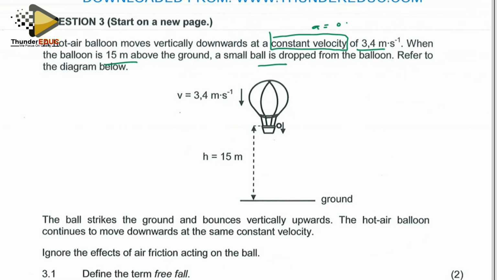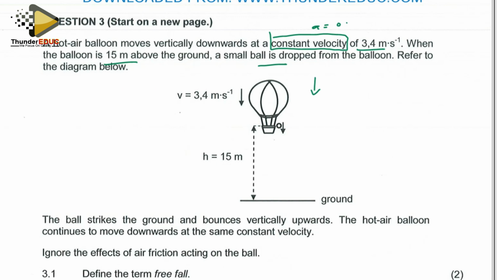Refer to the diagram below. Since the balloon is moving downwards and then the ball is dropped, the ball needs to continue with the motion of the balloon as initial, just from the law of inertia. So there's no reaching maximum height and then turning and so on.